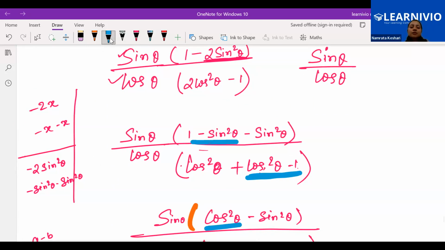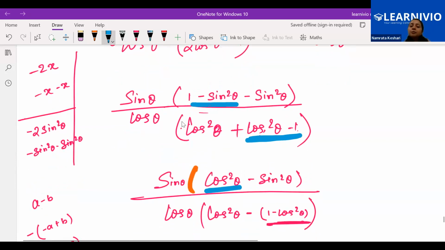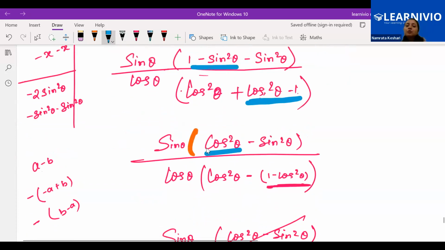This is what we have applied in the numerator's part, and in the denominator's part, after breaking this 2 cos square, still we are not able to use the formula. Then we know how to go from a minus b to b minus a.